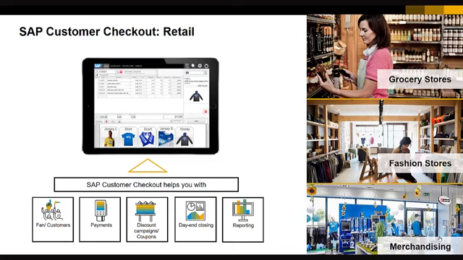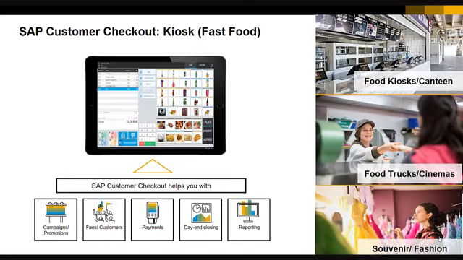The second user interface mode is the kiosk mode. The kiosk mode of the user interface, you will use it in food kiosks, canteens, food trucks, cinemas, and also probably in souvenir shops. The technological basis of the kiosk mode is the same as the retail mode.